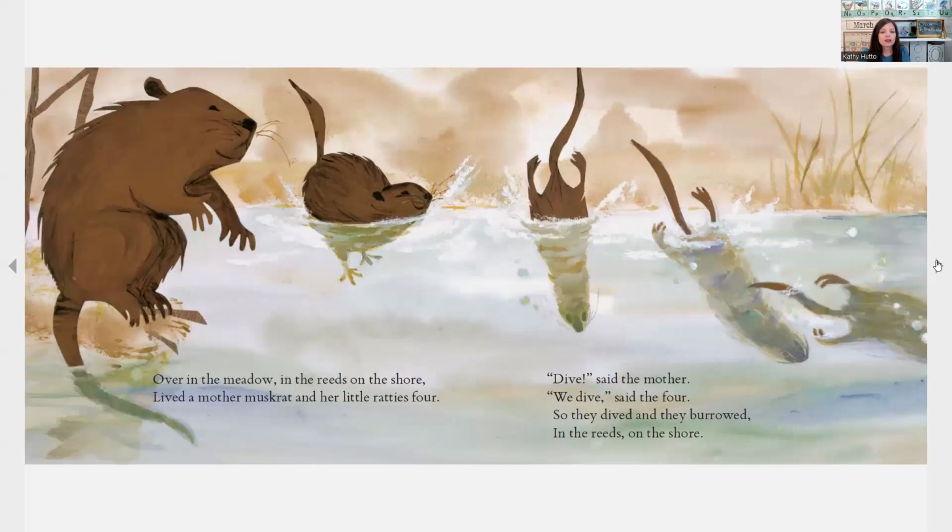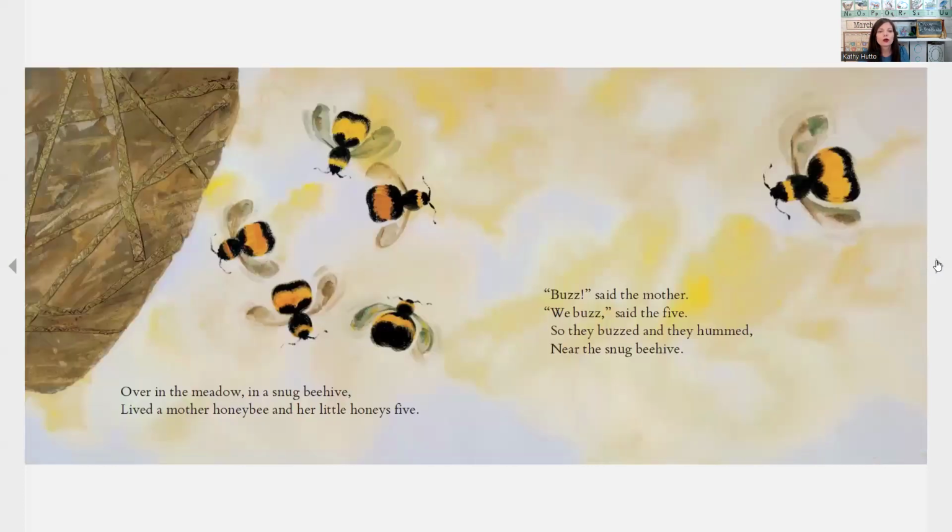Over in the meadow in the reeds on the shore lived a mother muskrat and her little ratties four. Dive, said the mother. We dive, said the four. So they dived and they burrowed in the reeds on the shore. Over in the meadow in a snug beehive lived a mother honeybee and her little honeys five. Buzz, said the mother. We buzz, said the five. So they buzzed and they hummed near the snug beehive.